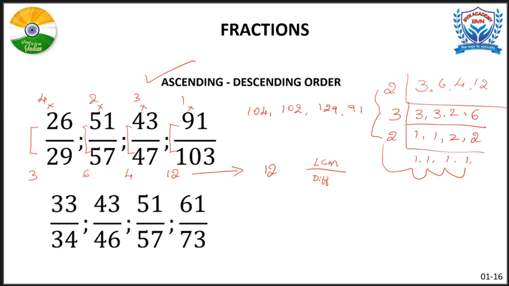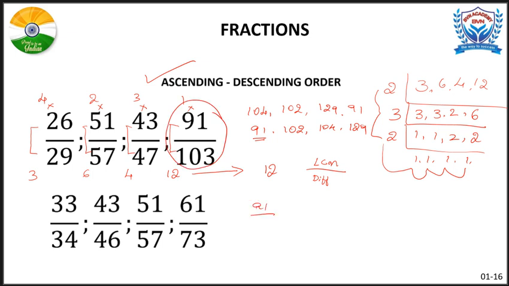So if you arrange these fractions in ascending order, it is 91, because you have to start with the lowest and should move with the next highest number. So after 91 it is 102, and then it is 104, and then it is 129. So 91 is the lowest. So the corresponding fraction for this 91 is 91 by 103.